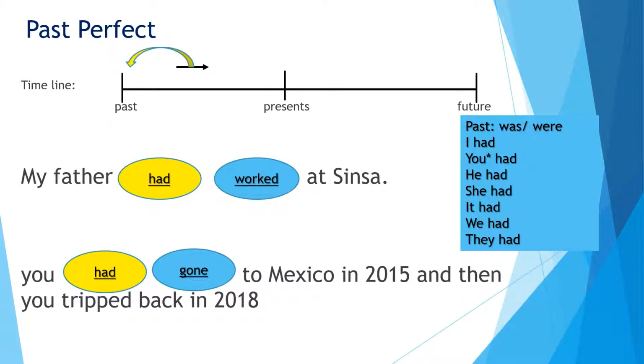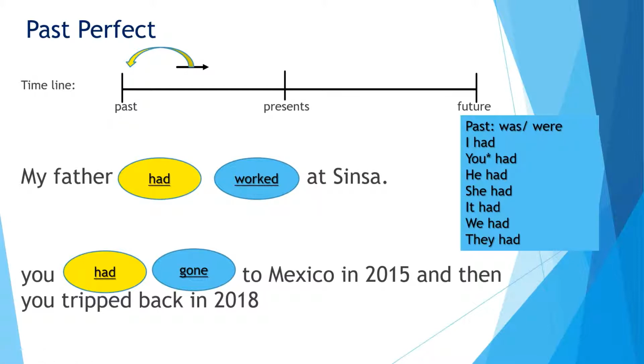Okay, we are talking about the experience story of a previous past. Okay, we have here the conjugation. You see, once again, I had, you had, he had, she had, it had, we had, they had. We have this sentence. My father had worked at Cinza.